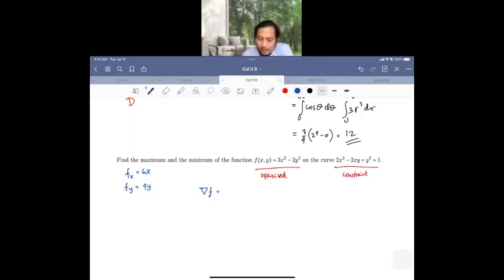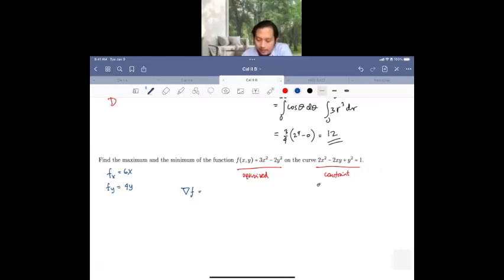And we have g becomes 2x squared minus 2xy plus y squared minus 1. The partial for x is 4x minus 2y, and the partial y will be 2y minus 2x.